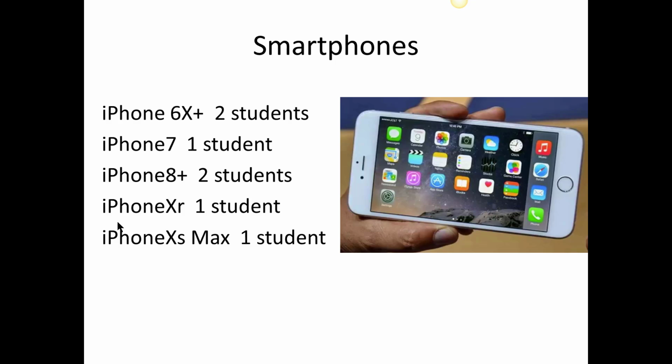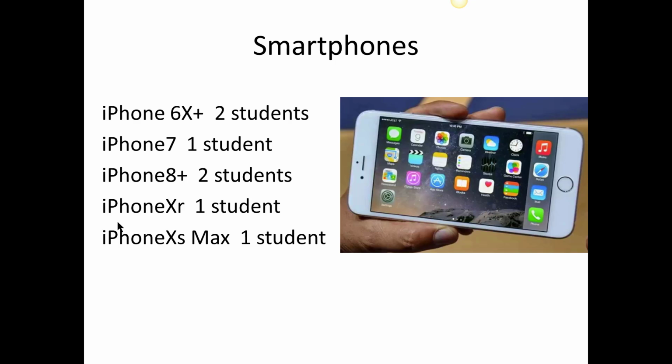So all of the students in the class are using iPhones, which is a little bit different. I usually have a couple of Samsung smartphones in the class, but that's fine. And they're all pretty new. There's a couple of students with a 6, but we've got some 8s and some X's, so that's great.